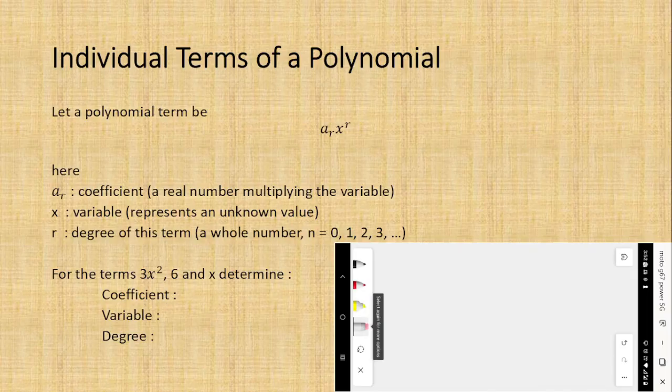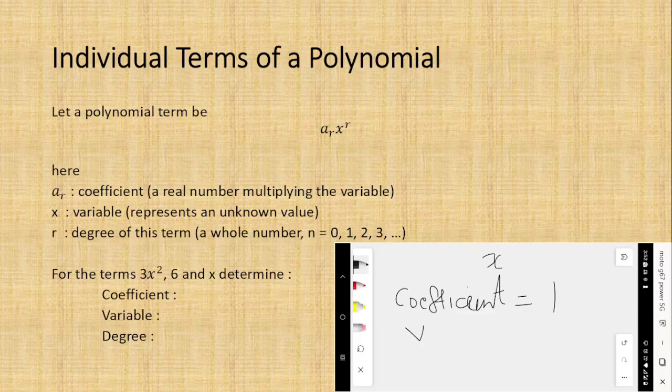The next is x. So we have x. So what is the coefficient here? Now, coefficient here is going to be 1 because if there's nothing written in front of x, that means it is 1 times x. So the coefficient here is going to be 1. The real number part is going to be 1.